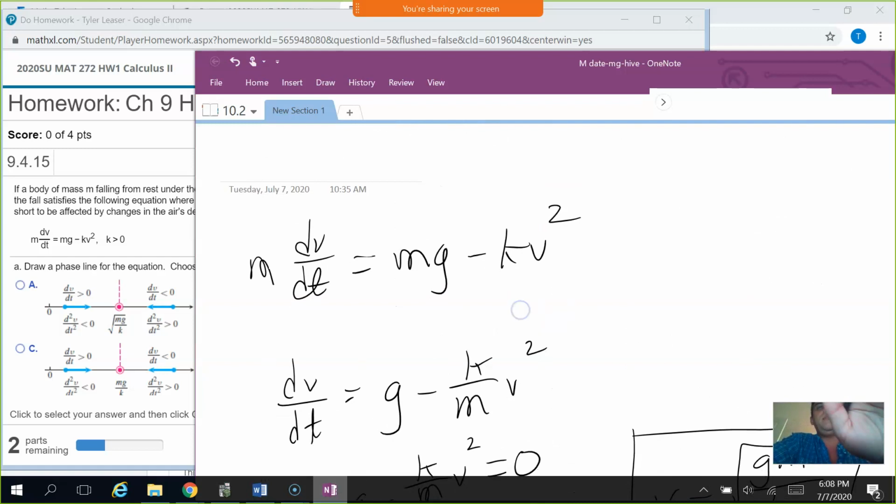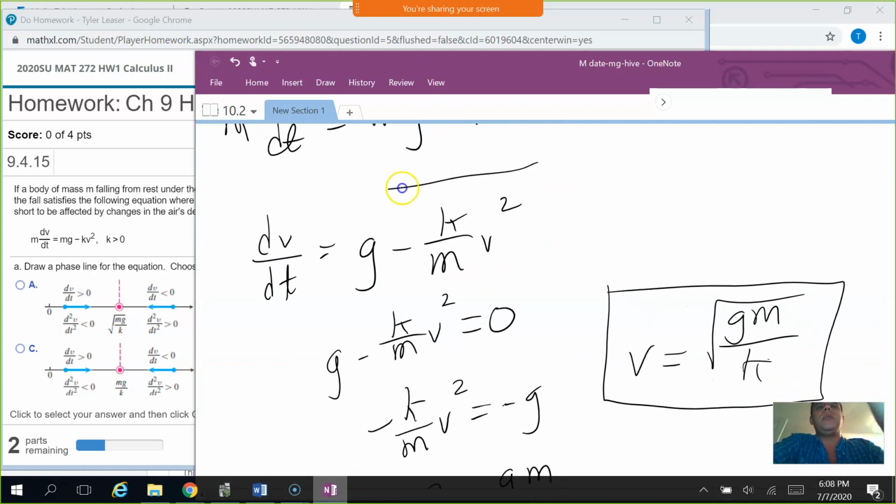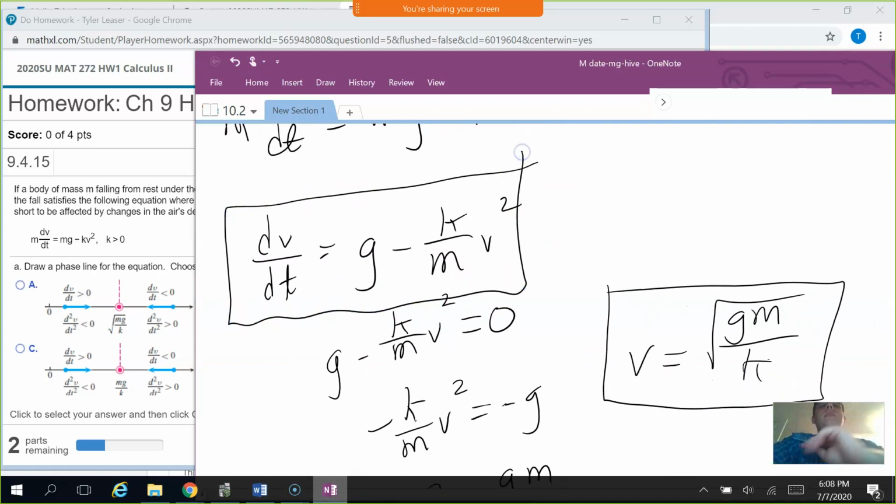So if I go back up to the original equation here, this one that we had solved for, and I try to plug in something that is less than the square root mg over k, just kind of think about what that does. If it is less than this, then when I plug this in, the square root and the square cancel out. But then I have this k over m, which is going to cancel out with this m over k.